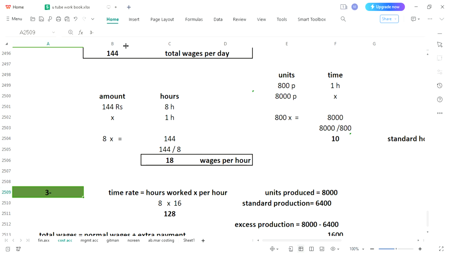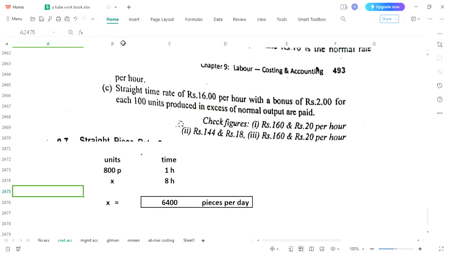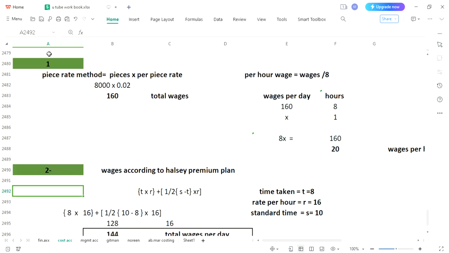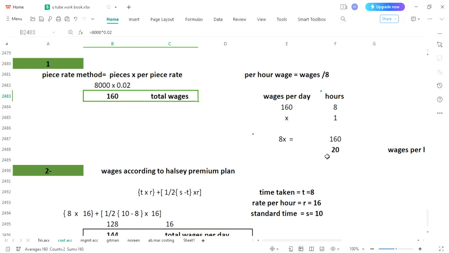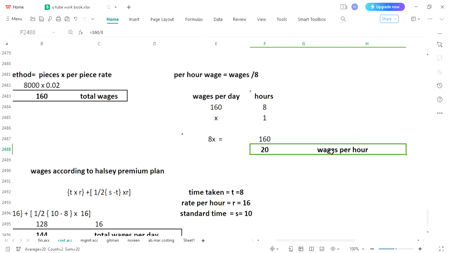Alright. So there were three parts. Let's review. First part was having 160 and 20. 160 first answer, and second answer was 20. This was wages per hour.